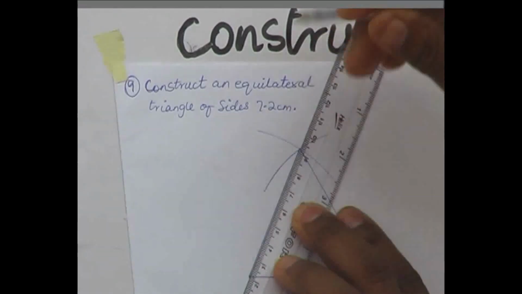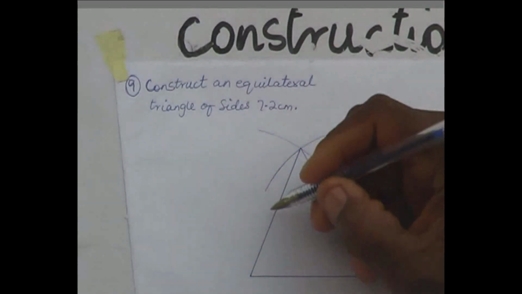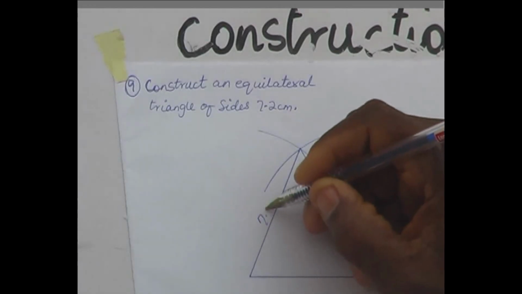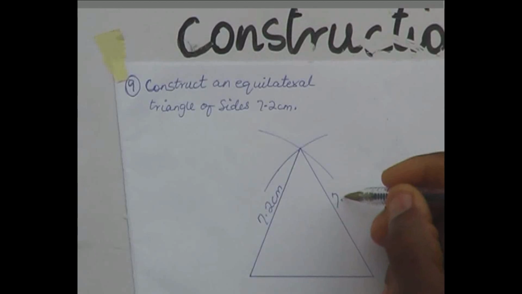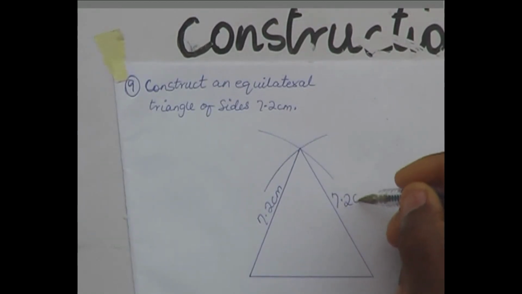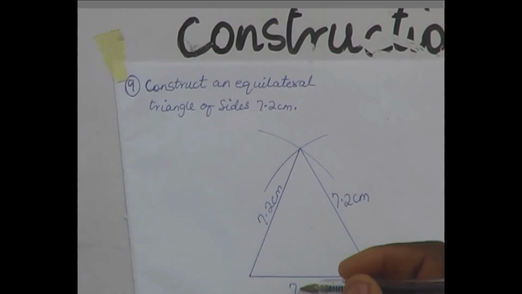Join this. What you have exactly done is you have constructed an equilateral triangle of sides 7.2 centimeters.